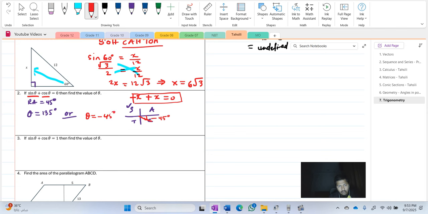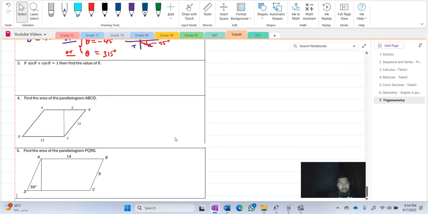Or if you're saying 360 minus the reference angle, you should get 315 as well, right? So sine 315 will be negative root 2 over 2, cos 315 will be root 2 over 2, and the sum of opposite numbers is equal to 0. The same number but opposite signs.